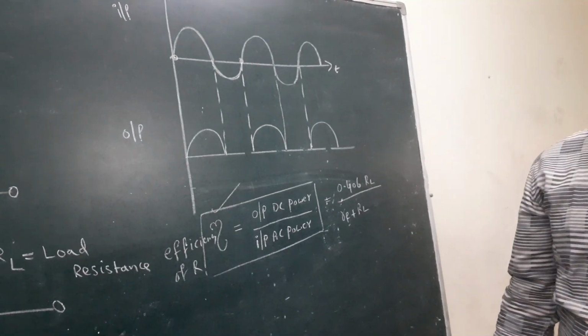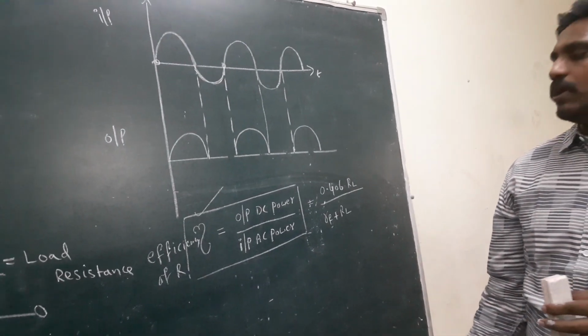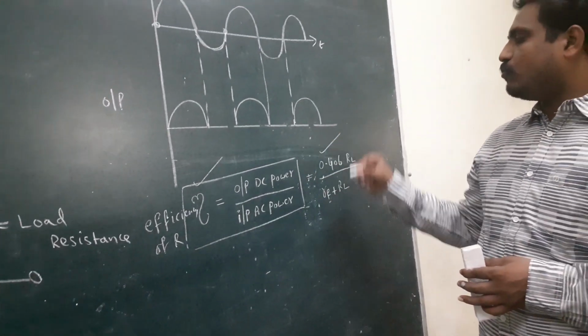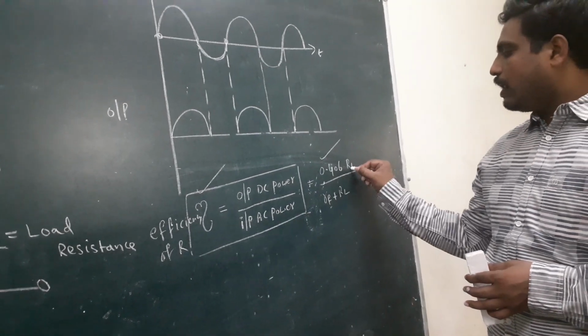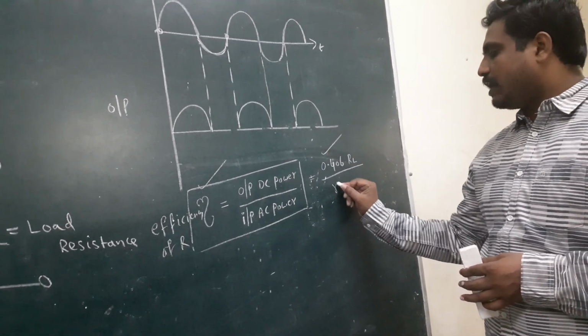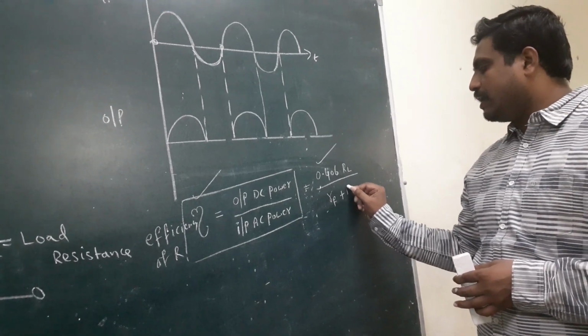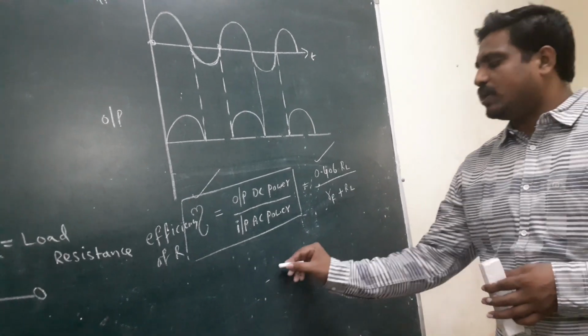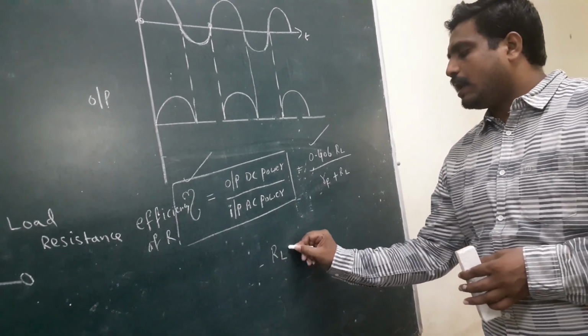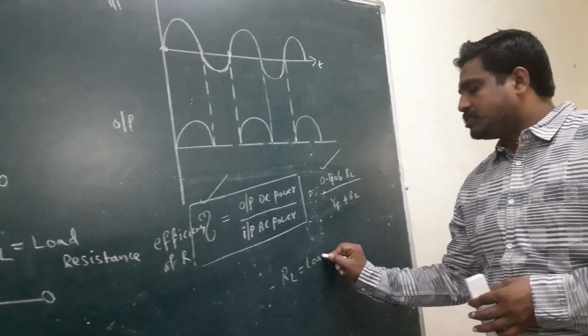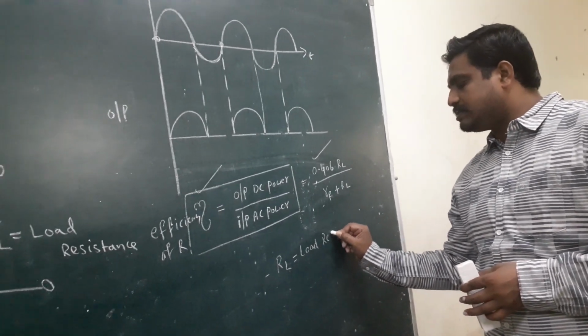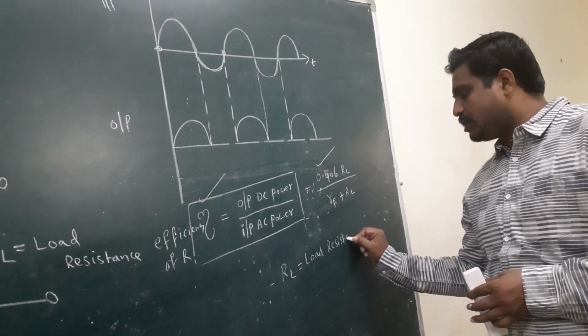What is the efficiency of a half wave rectifier formula? 0.406 RL by RF plus RL. Generally we know RL is a load resistance.